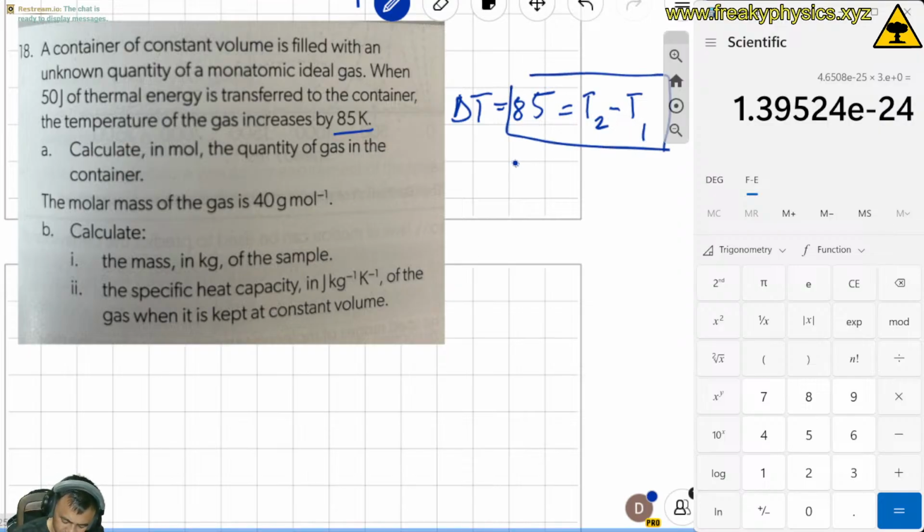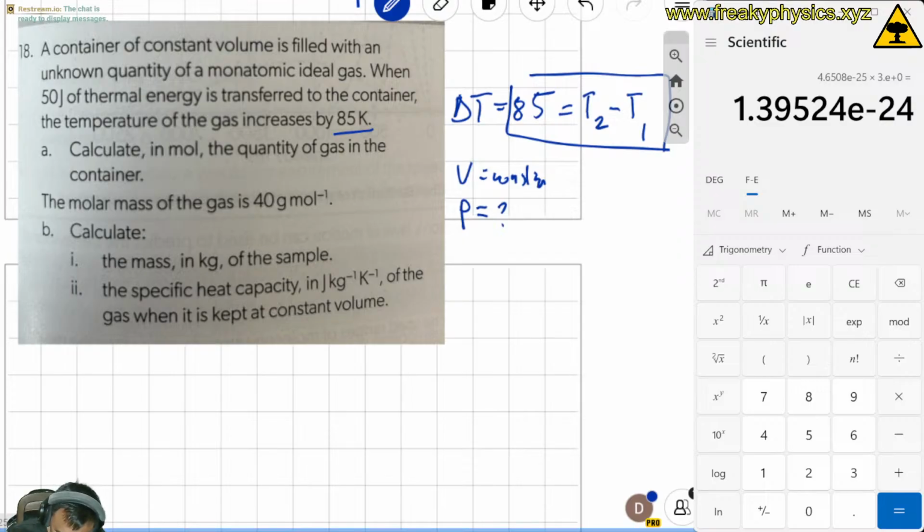Okay. What else do we know? The volume is constant, so let's write that here. V is constant. What other quantity matters here? The pressure, but we don't actually need that, but let's just put it in. We don't know the pressure.